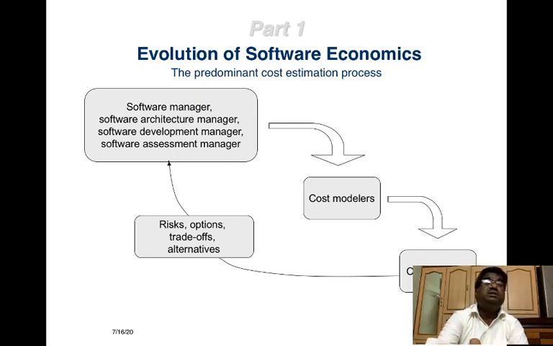So these problems are further taken into review by the same four persons: the software manager, architecture manager, development manager, and assessment manager. They will consider all these upcoming problems. Again they will use cost models and estimate the cost.